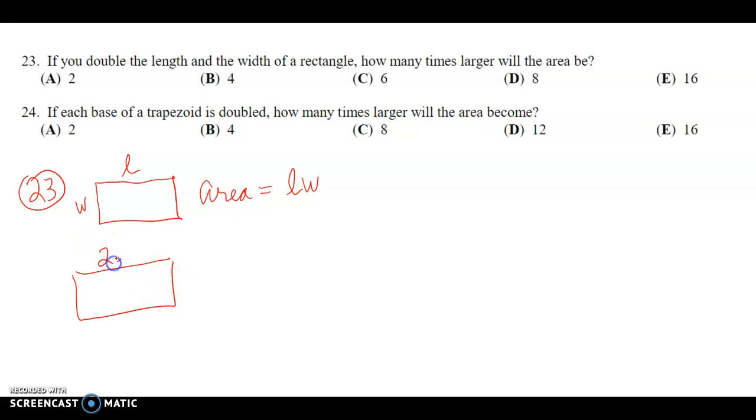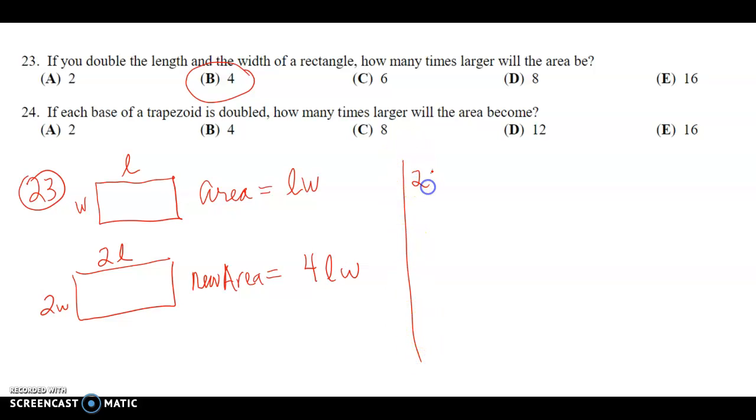But they're telling me if I double the length and double the width, what happens to this area? The new area will equal 4LW. Compare those two answers. How many times larger is 4LW than LW? So our answer is 4.